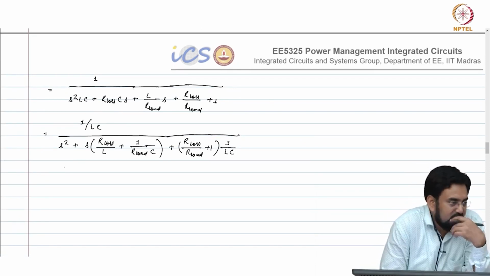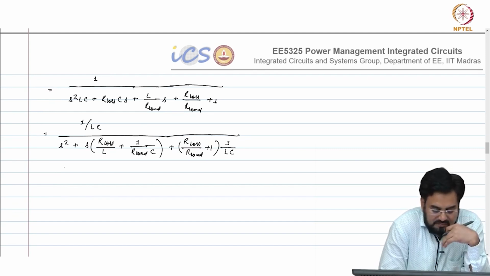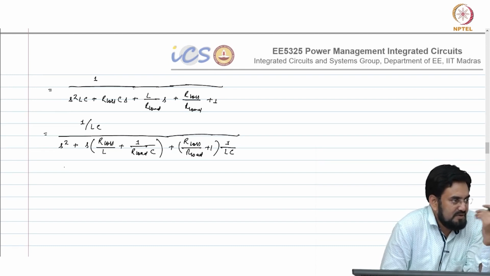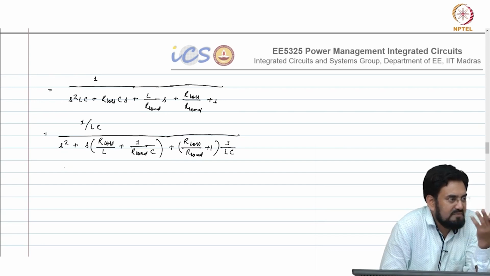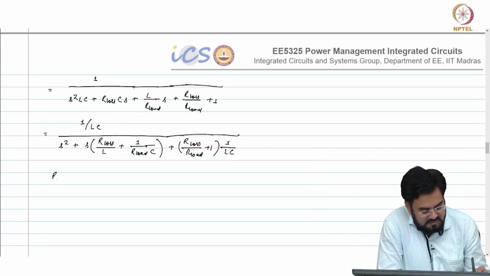So let's say I assume my voltage is roughly 1 to 1.2 volt, of the order of 1 volt, and your R loss, let's say 50 milliohm your DCR, 50 milliohm your RDS on, roughly 100 milliohm. If I want to drive 1 amp current, what will be R load? Order of amp, order of ohm. So your R loss is much less compared to R load.